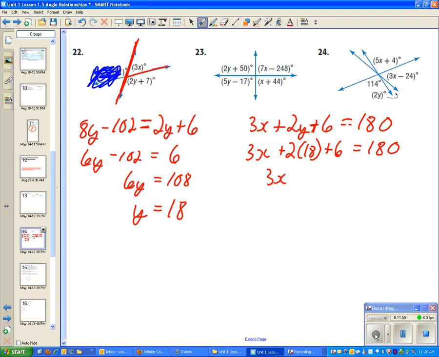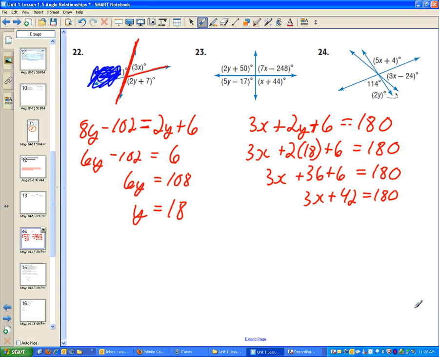What's 2 times 18? Plus 36 plus 6 equals 180. What's 36 plus 6? 3x plus 42 equals 180. Now I need to subtract 42 from both sides.